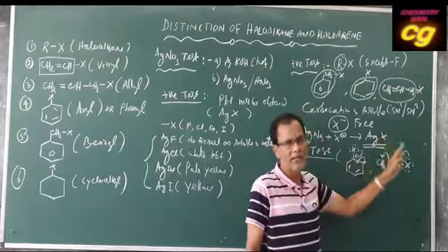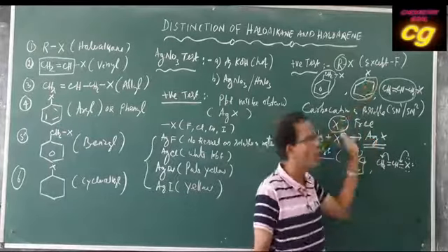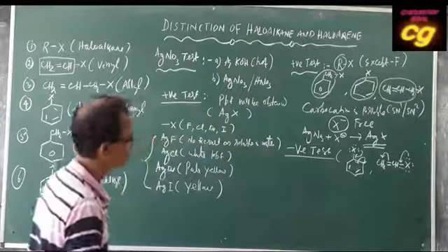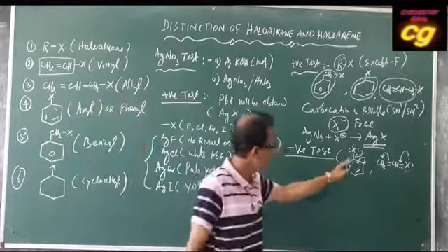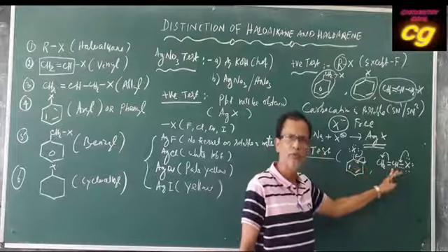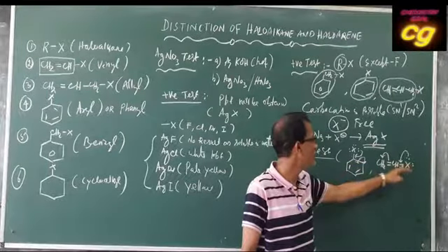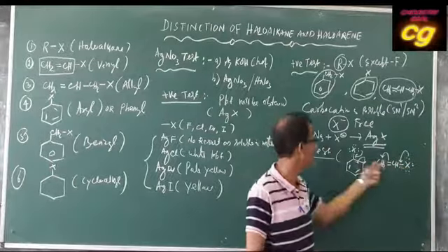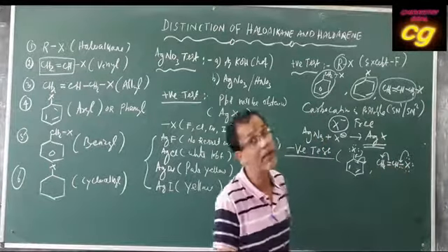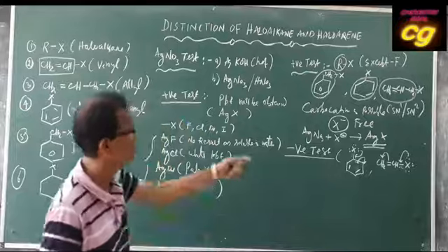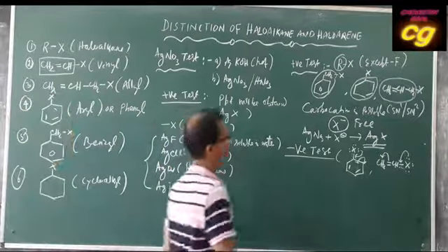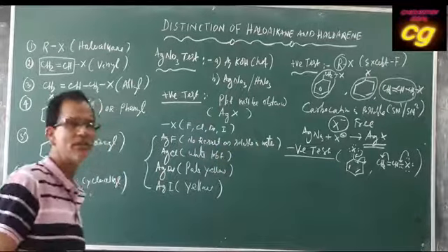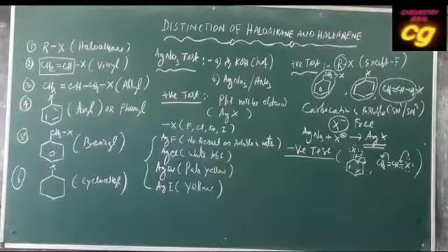Silver halides, except fluorides, are all insoluble in water and give a specific color. But the aryl and vinyl groups do not give, because due to resonance, the halogen gets double bond character and the bond strength increases. That's why it cannot be substituted by a nucleophile. So this is the main difference between which haloalkane or haloarene will give a positive test of silver nitrate solution or not.